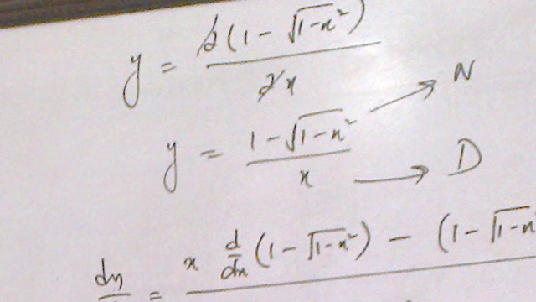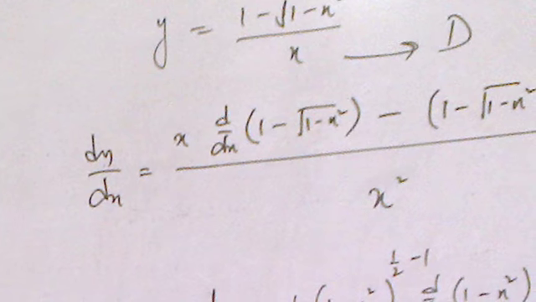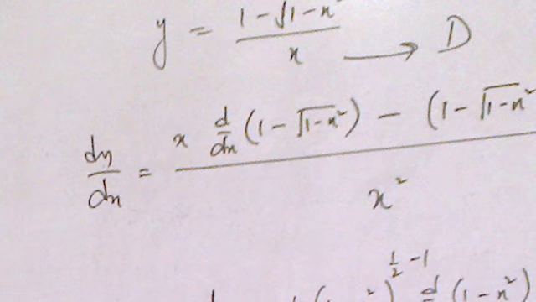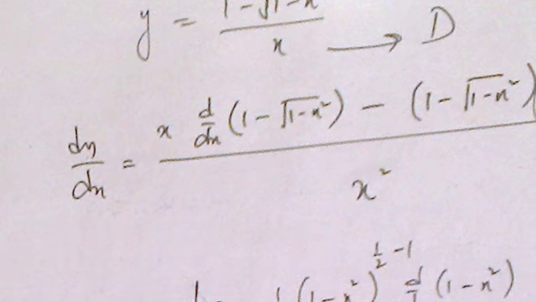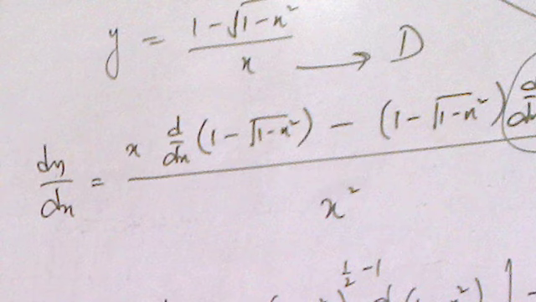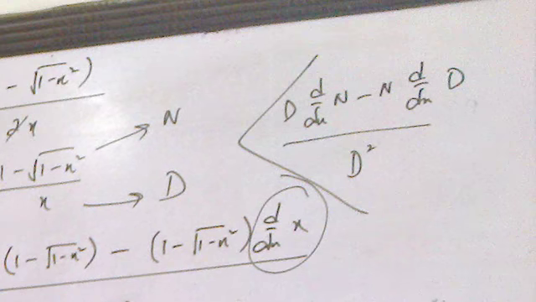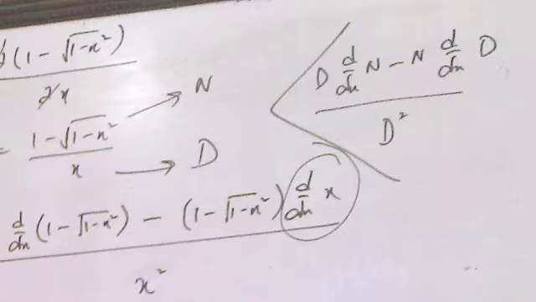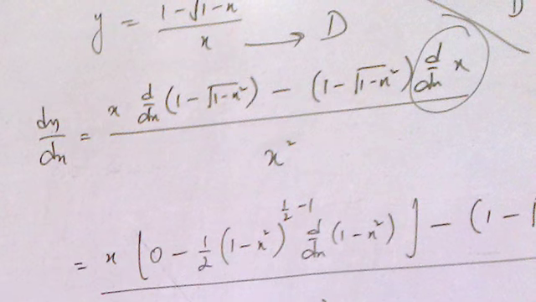Now we apply here the numerator and denominator formula. This one, its formula: derivative of numerator times denominator minus numerator times derivative of denominator over denominator square. We put these values in this.